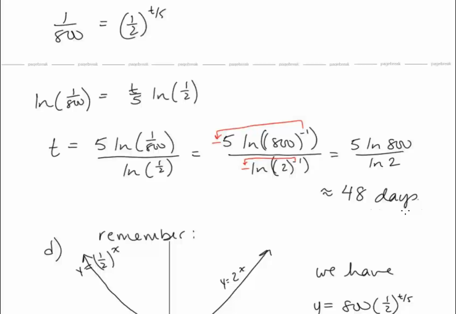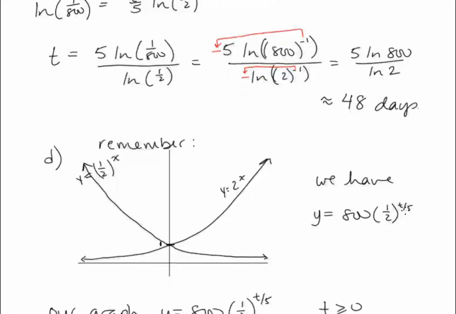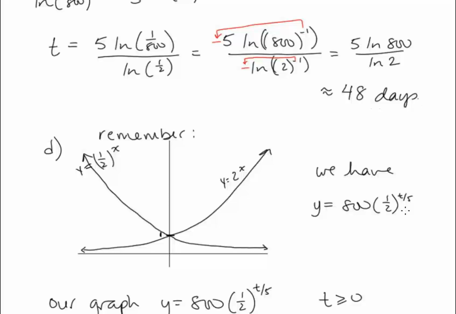In part D, they asked us to graph our function for the mass of this radioactive element. Now I want you to remember the form of our exponential graphs. Whenever we have a base that is bigger than 1, we have exponentially increasing functions. Whenever we have a base that is smaller than 1, we have exponentially decreasing functions. Now we know that this is an exponential decay function, so we are expecting that it's going to be decreasing.